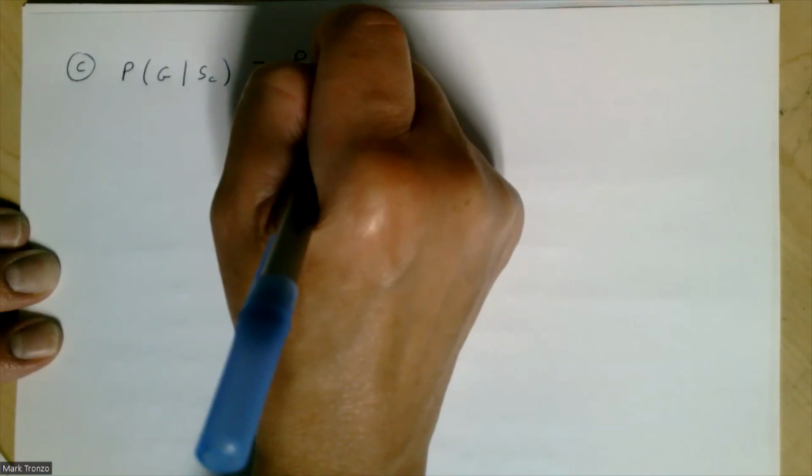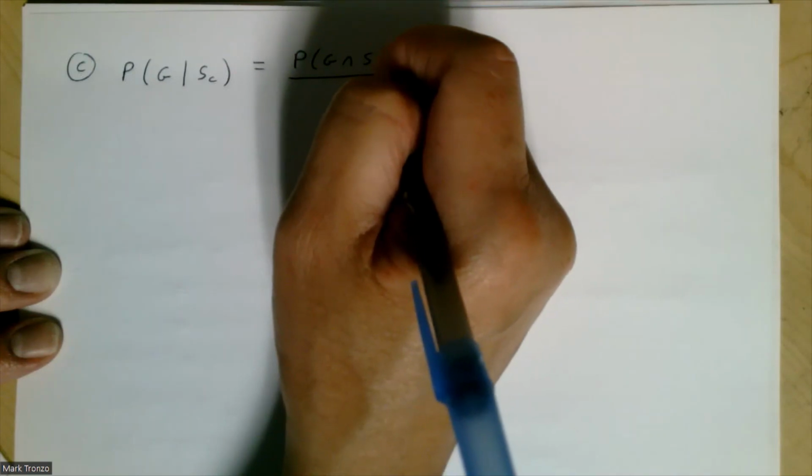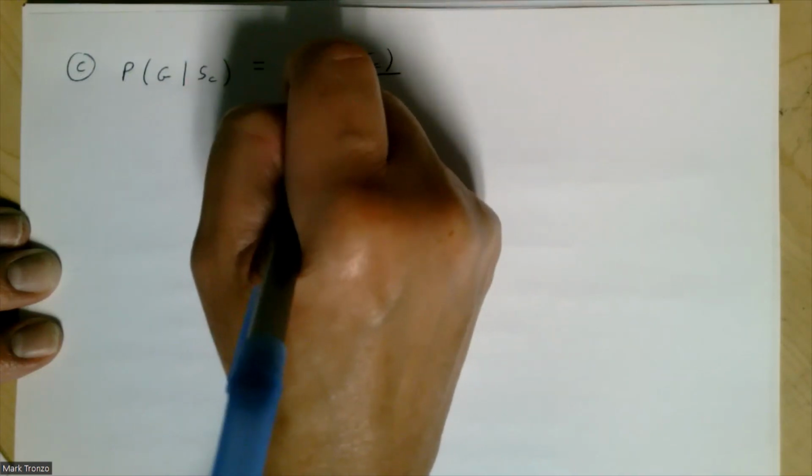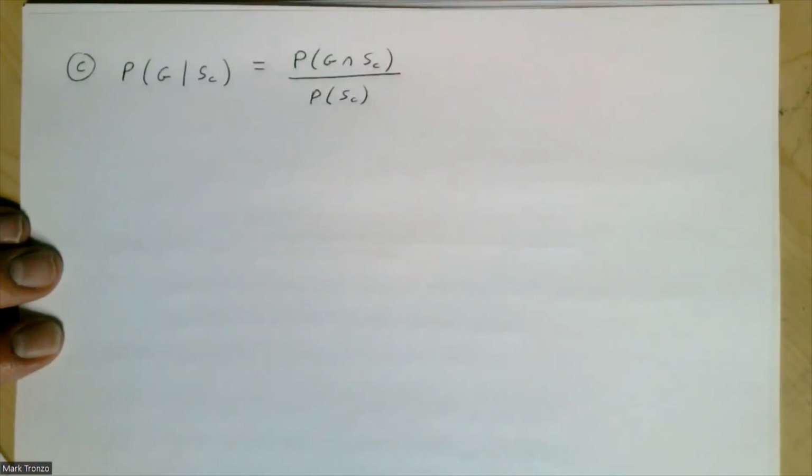So it has a scratch, and given it's not defective, which we call good. Once again, this is going to be probability good intersect scratch divided by the probability that it has a scratch, which we've already calculated.